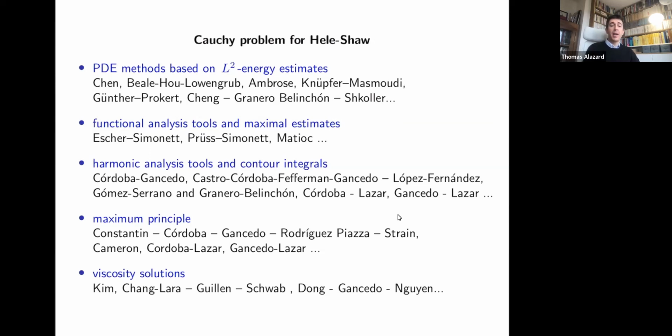You can also apply maximum principle inequalities, like in the works by Constantin, Cordoba, Gancedo, Rodriguez Piazza, and Strain, Cameron, Cordoba, Lazar recently, and Gancedo and Lazar. Or you can apply comparison principle to study viscosity solutions, like in the pioneering work of Kim, and recently by Chang-Lara, Guillen, Schwab, or Dong, Gancedo, and Nguyen.